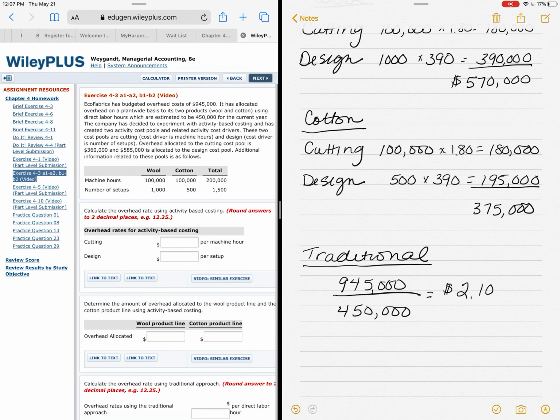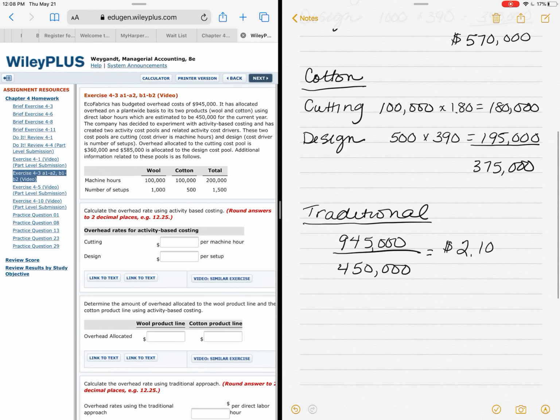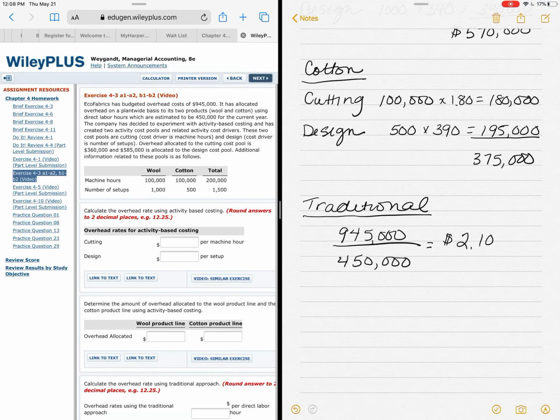So now I'm going to go back and split that out between wool and cotton. And if you read through the paragraph, it does tell you that I believe it's split evenly. Therefore, we're going to apply that 450,000 hours, we split between wool and cotton.